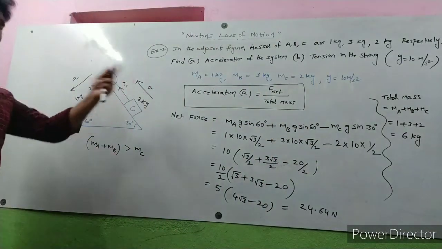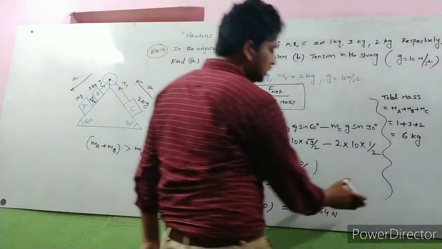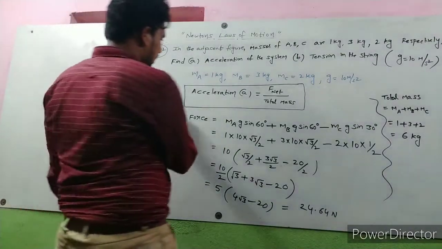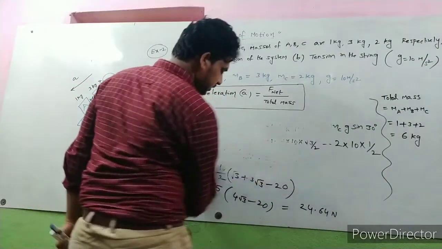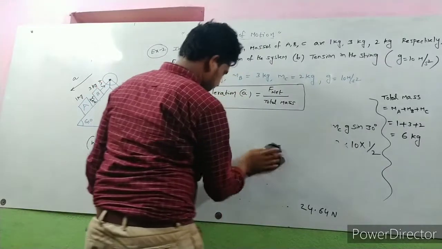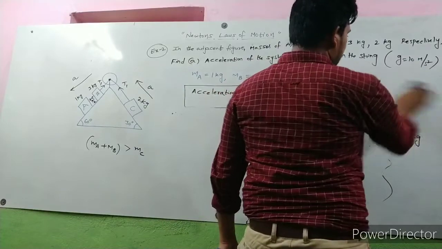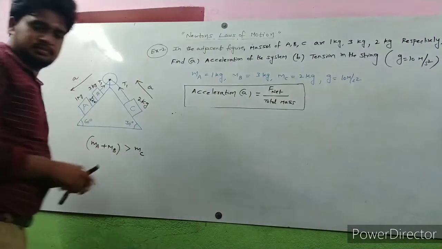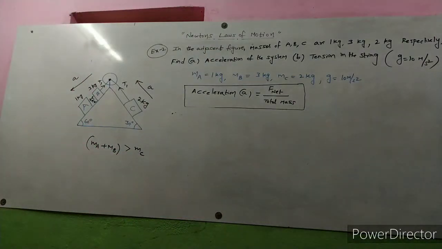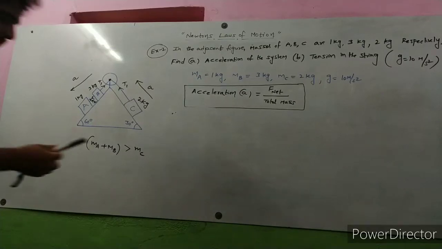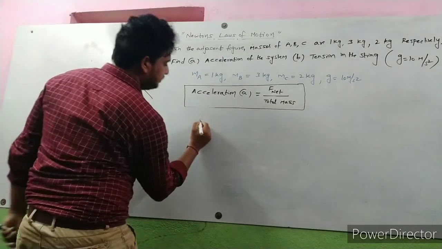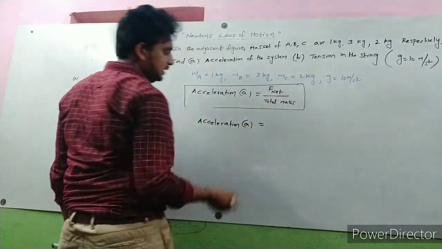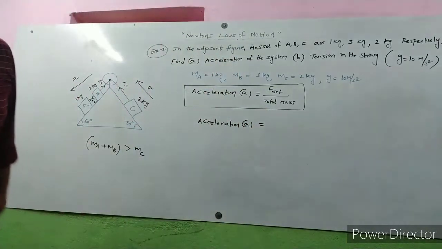So how to find acceleration? Acceleration A is equal to net force by total mass.